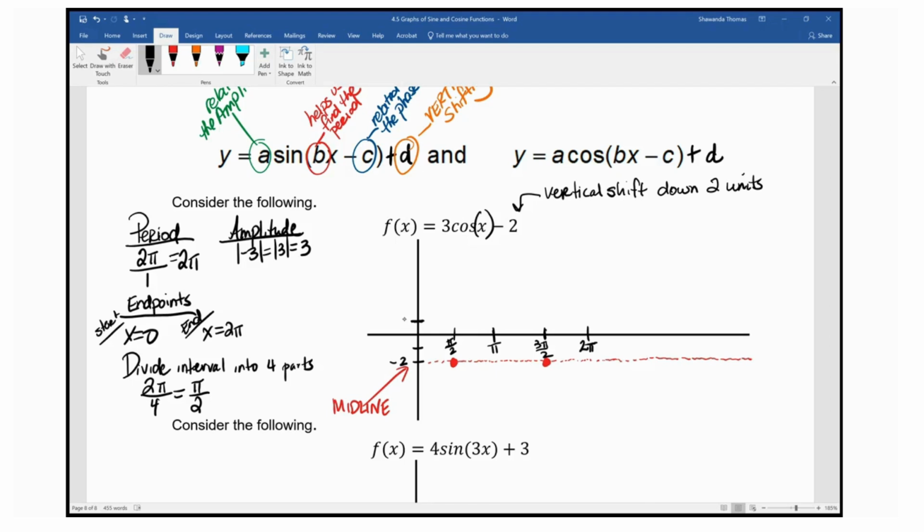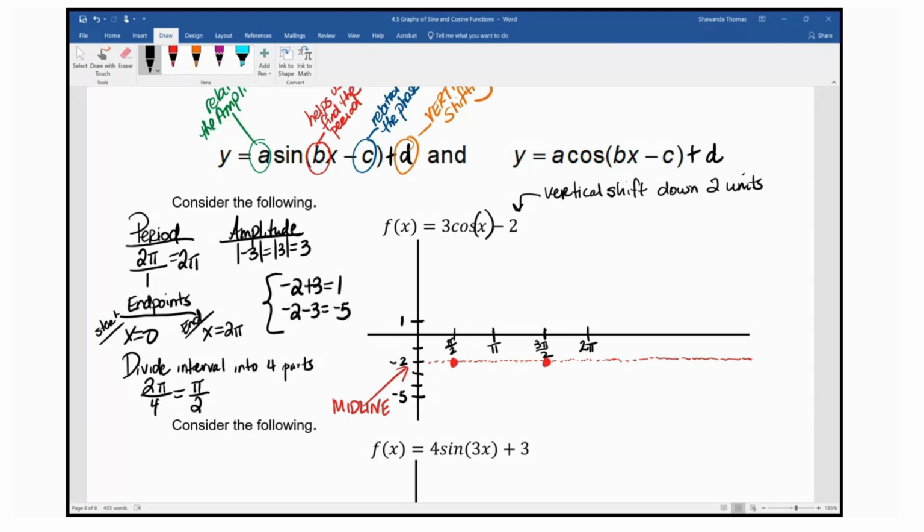And if we go down 3 tick marks, 1, 2, 3, where are we? -5. So here's a way you could do it: you started at -2, you could add 3 to get 1, and subtract 3 to get -5. That's how you can get your max and min.